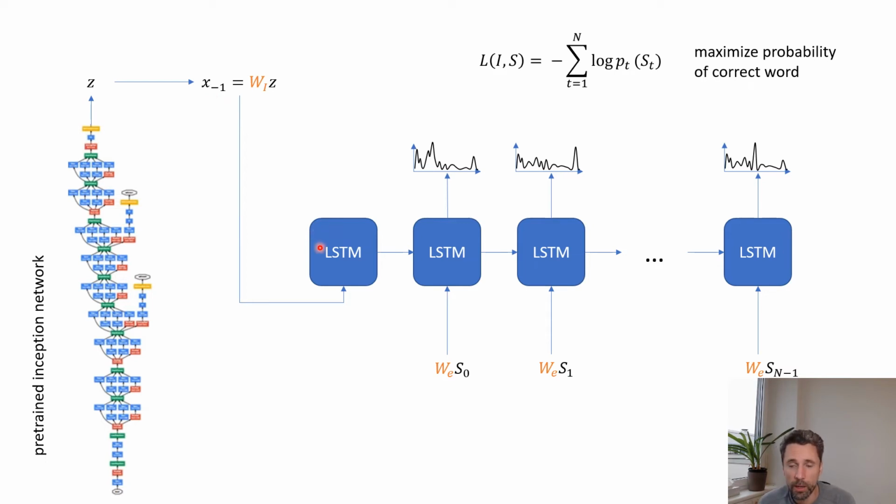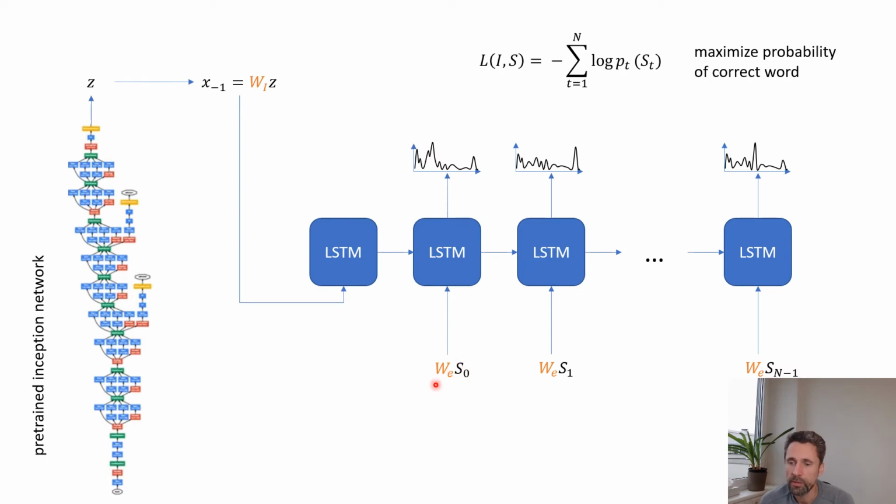And if you don't know what LSTMs are and how they're constructed, please watch this video, that video, and come back here. So the LSTM requires an input X, and maintains a hidden representation, or actually two vectors of hidden representations. By feeding the image into the LSTM, we condition it to generate something that depends on the image.